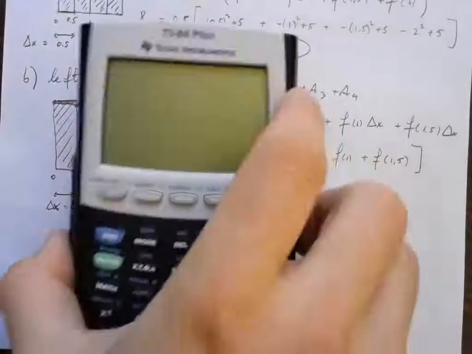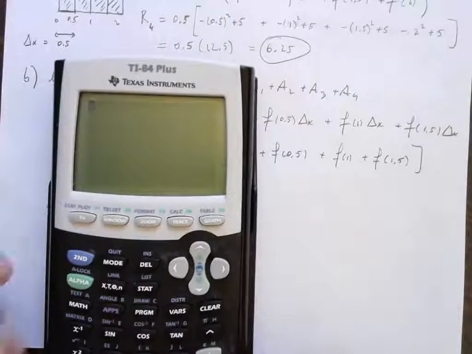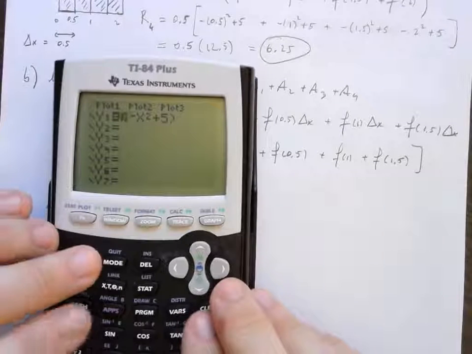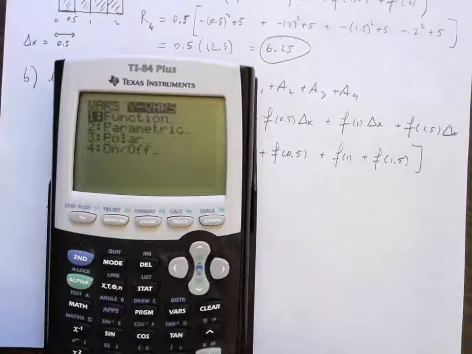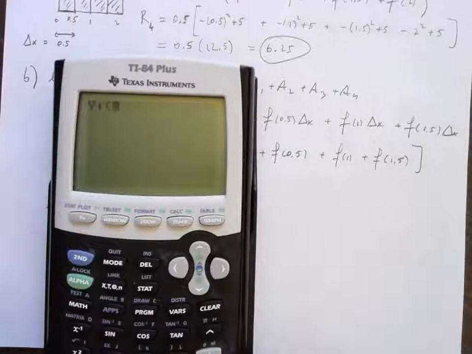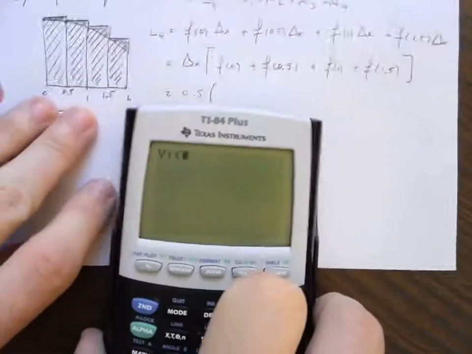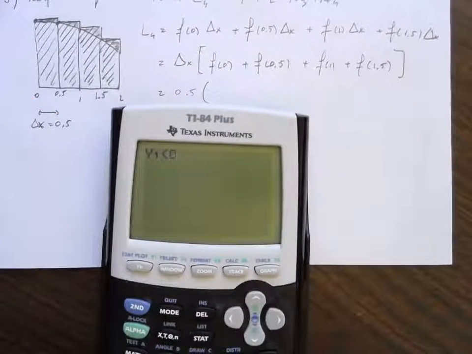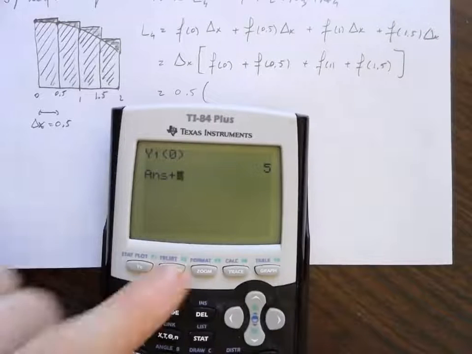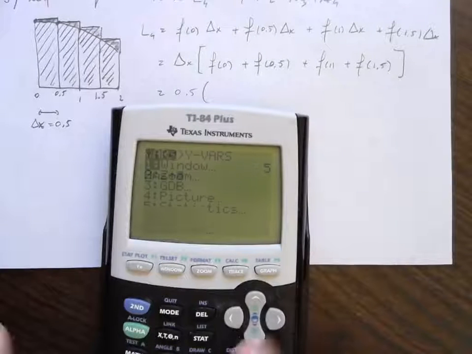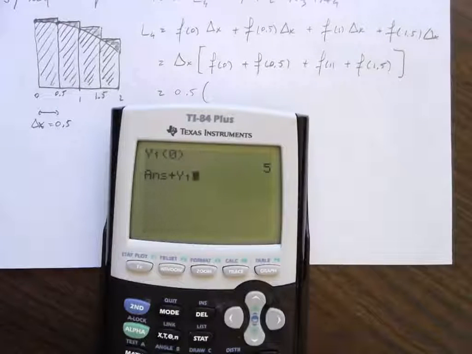I already have my function in y equals from the previous part of the problem, right? It's that one. Then I do vars, y vars, function 1. First I evaluate it at 0, so I do f of 0. Then, whatever I get here, I add y of 0.5.